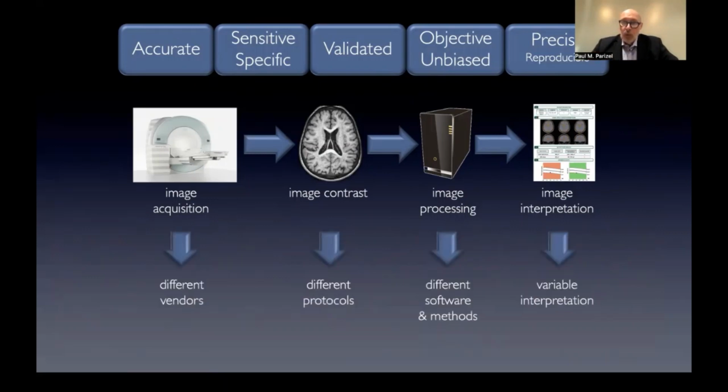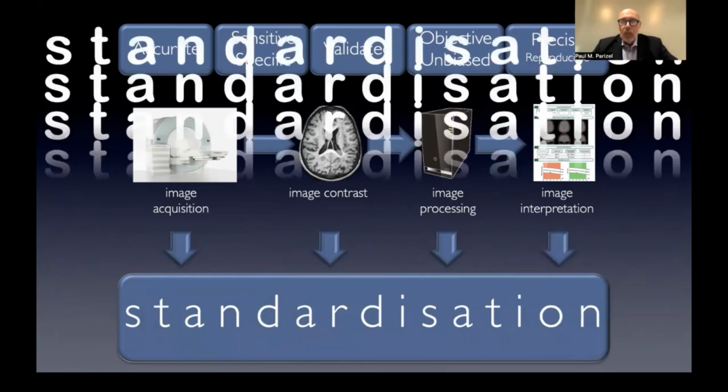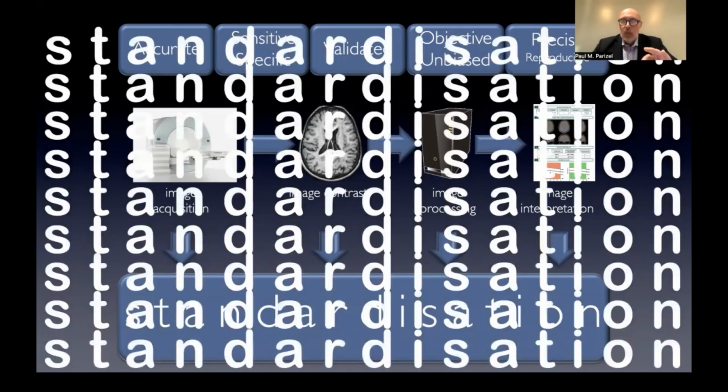Unfortunately, in the radiology workflow, all of these elements are subject to variations because of different vendors, different sequences, different protocols, different software, different variable interpretations. So the way forward is standardization. And if diagnostic radiology is going to survive as a discipline, it will need standardization in all of these aspects.